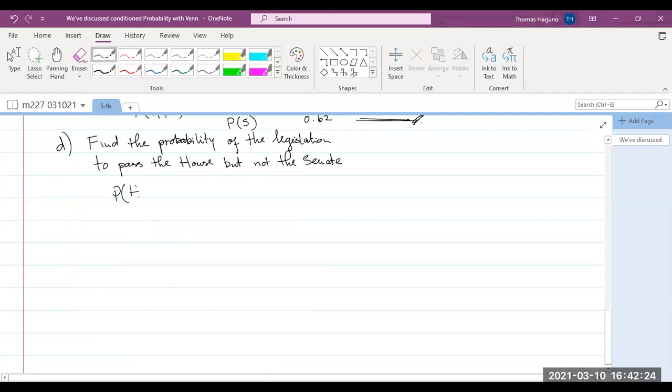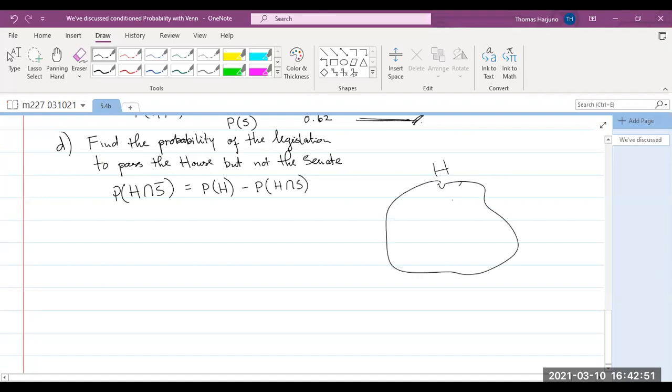The probability of passing the House but not the Senate is the probability that it passed the House, regardless of whether it passed the Senate or not, minus the probability it passed the House and the Senate. Because if you think about that, let's say this is the probability of passing the House, right? Now, part of that passed the Senate, part of that did not pass the Senate. You see? This is the probability that it passed the House and the Senate.